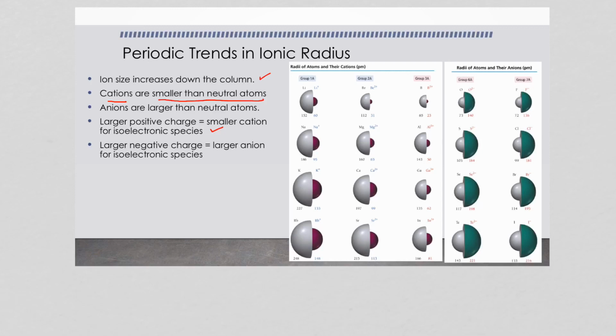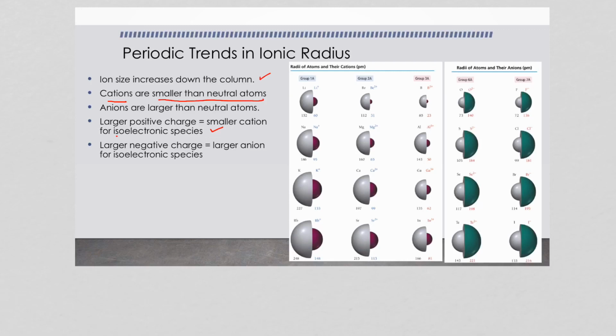So larger negative charge is actually bigger than the smaller negative charge. So if you go all the way across, you think about the positive ions getting smaller, and then the negative ions also get smaller. But the difference is the positive ions are getting more positive, the negative ions are getting less negative. So you're gaining less electrons. Okay. So that's your basic trend.